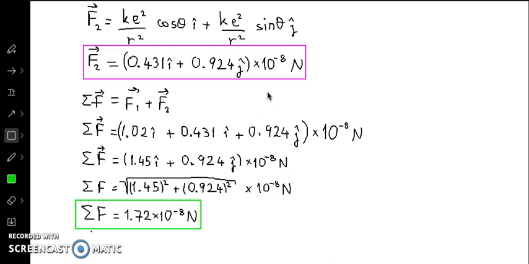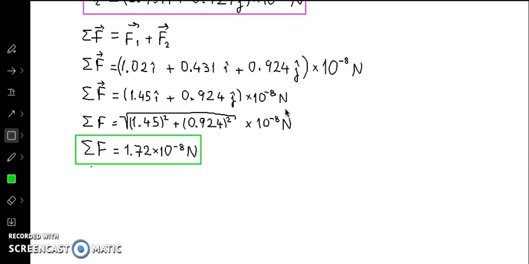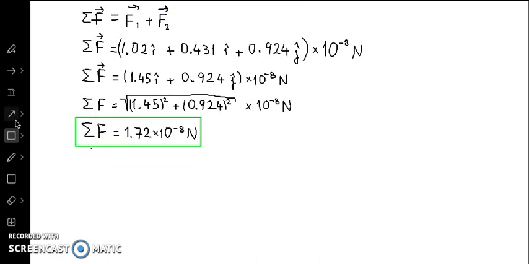If you look at the components of our net force, both are positive, so this vector lives in the first quadrant. We're going to calculate the standard angle, in other words, the angle between the vector and the positive x direction. So let me draw a quick sketch here to see what's going on.